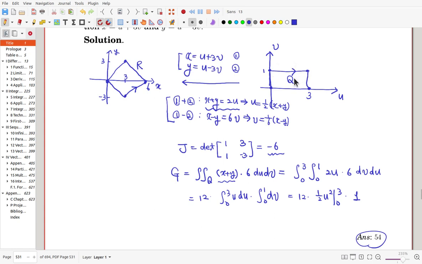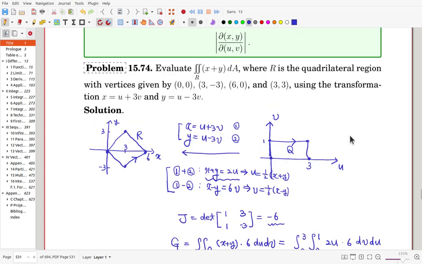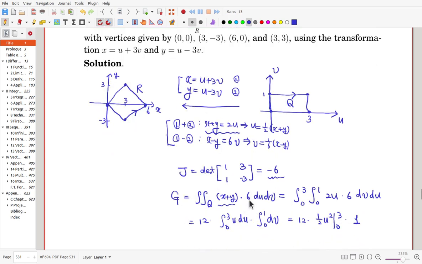So the orientation is opposite, so we have a negative determinant. But in integration, this is an area element, so once we consider area, we have to use the absolute value of this Jacobian. So we are using 6 rather than minus 6.